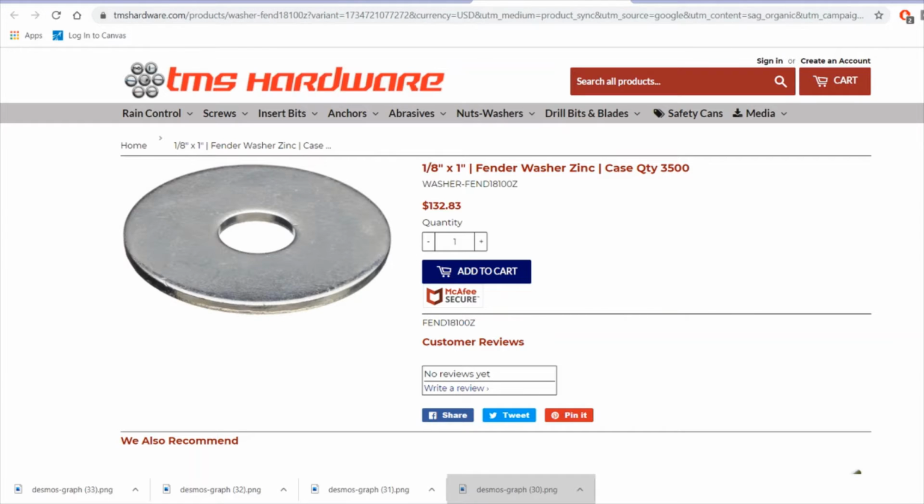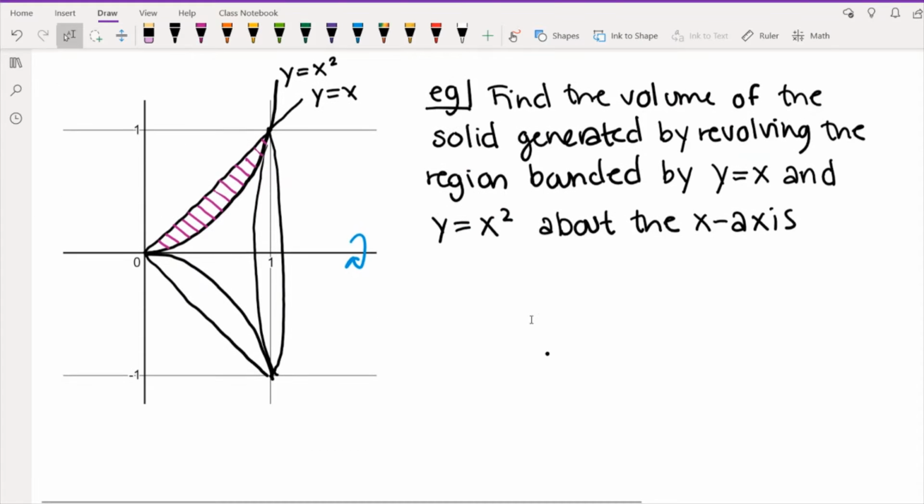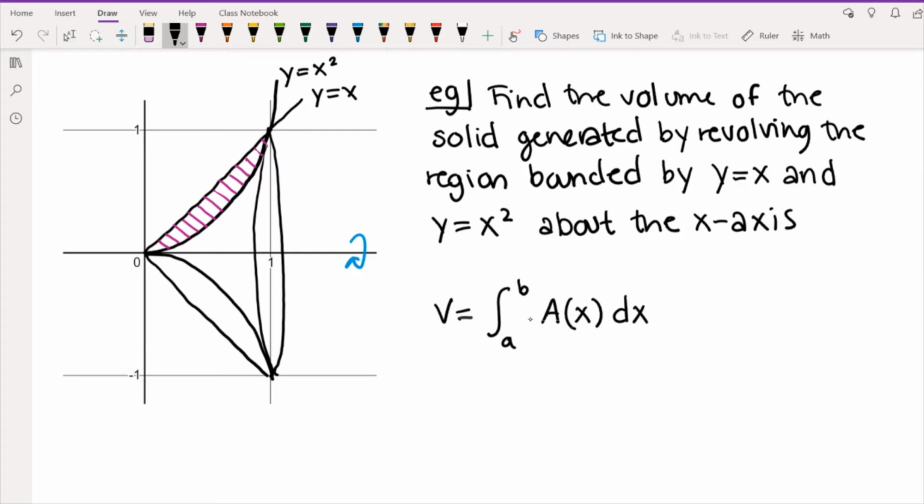Okay, so let's go back to our example and see how we can calculate the volume of this shape. For the volume, we're going to start with basically the same formula, the original formula that I wrote down: the integral from a to b of the area of the cross section dx.